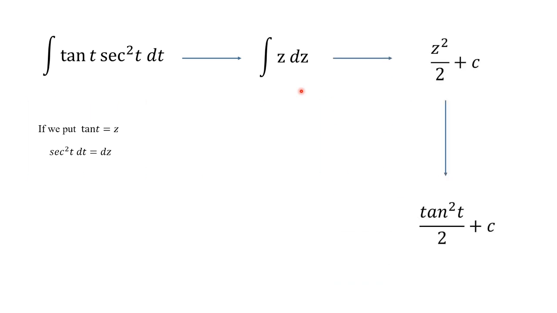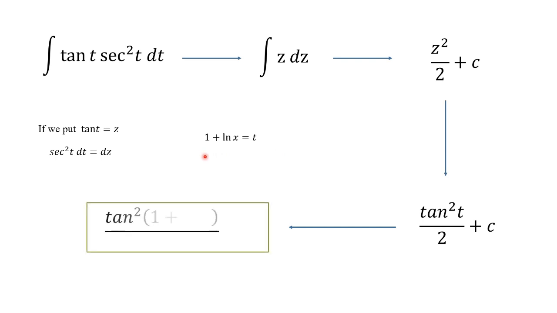Let's do the back substitution. It gives us tan square t divided by 2 plus c, and we need to do the back substitution for t again. T was 1 plus ln x. So that becomes tan square of 1 plus ln x by 2 plus c. Do not forget that there was a second term.